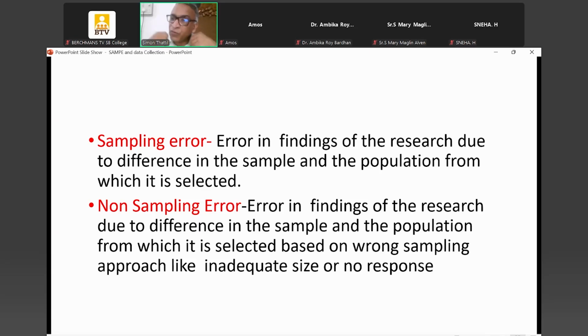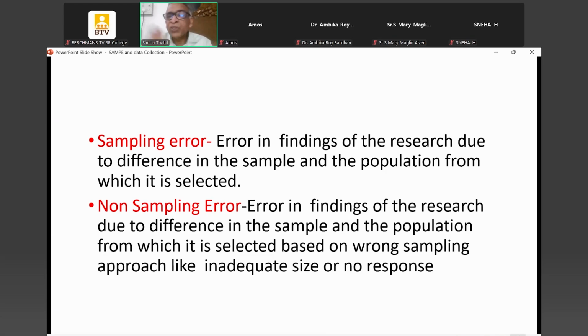And in spite of not getting that response, I'm saying that this is a result of 200 employees. If it was the result of 200 employees, it would have represented the population. My approach was I approached a respondent. He did not give me a response. So what I'm supposed to do is remove that person because his response is not there and supplement it with another sample. But I did not do that.